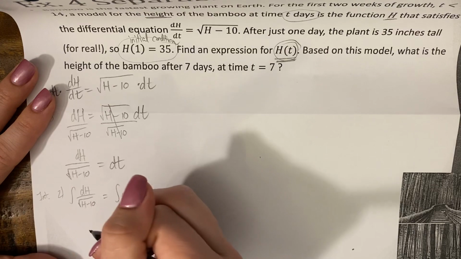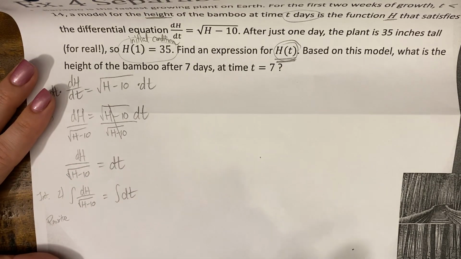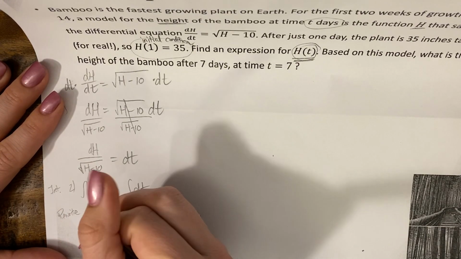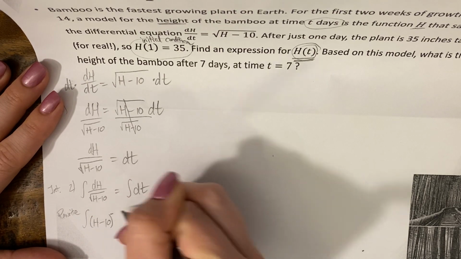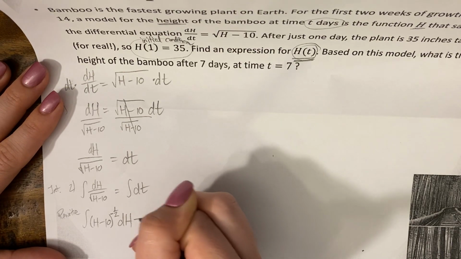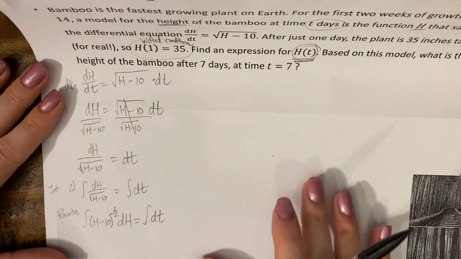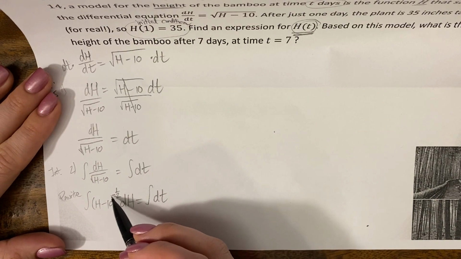I'm going to rewrite this in order to integrate. So think about how to rewrite this. So I'm going to have h minus 10 to the negative half dh equals, and I don't need to rewrite, I just need to copy it over basically. This is negative because it was in the denominator.